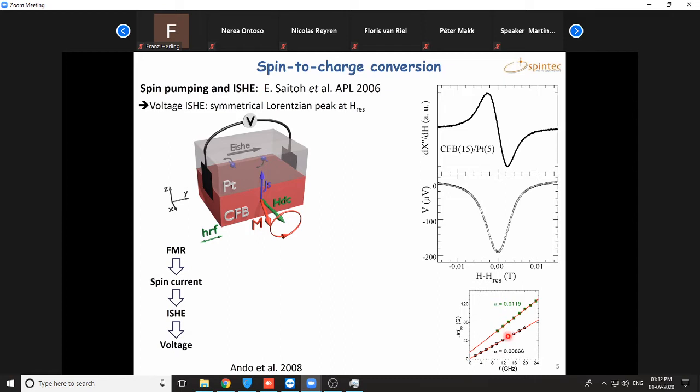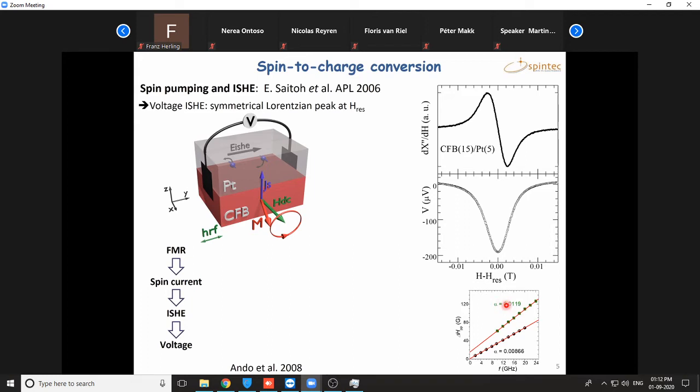For example, in CFB alone, or it's probably permalloy, I think, we have 8 times 10 to the minus 3 of Gilbert damping, whereas when we attach platinum to permalloy, we increase the Gilbert damping to 12 times 10 to the minus 3.